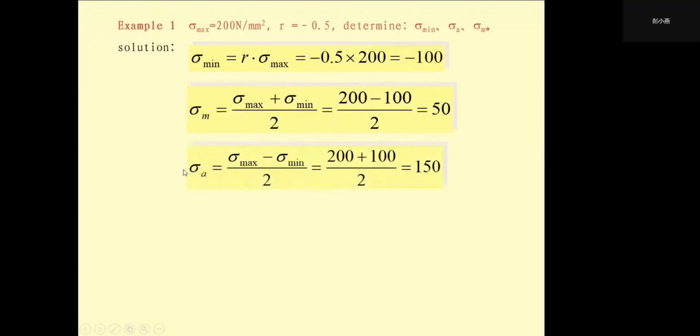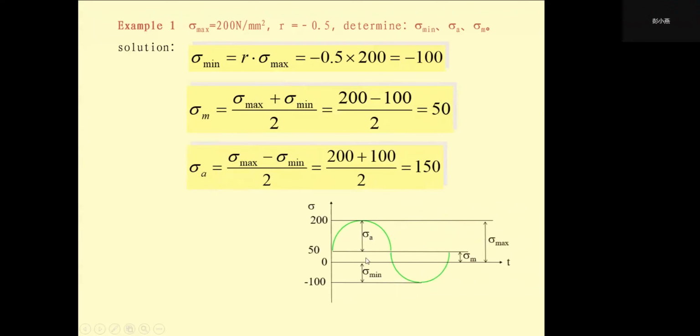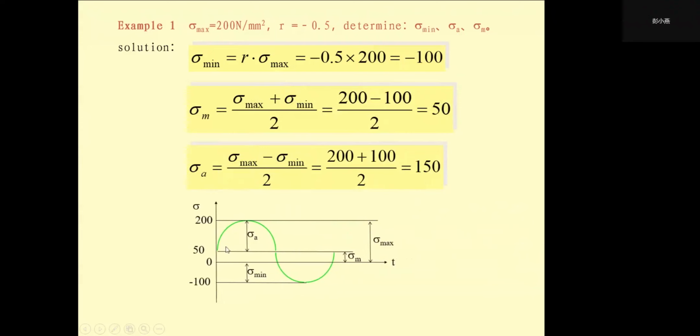And then the stress amplitude. Stress amplitude is half of the stress range. It's the maximum stress minus minimum stress and then over 2. So the stress amplitude is 150. Then we can draw the stress curve.